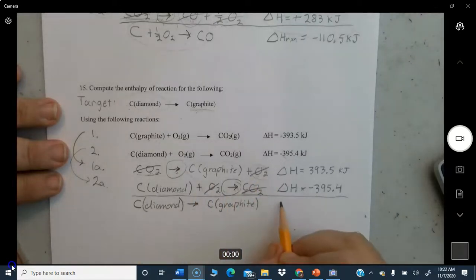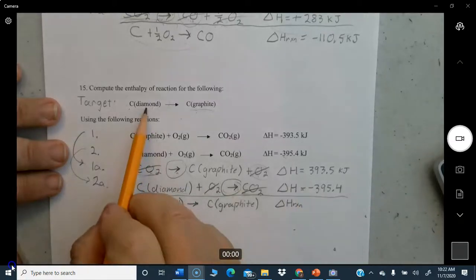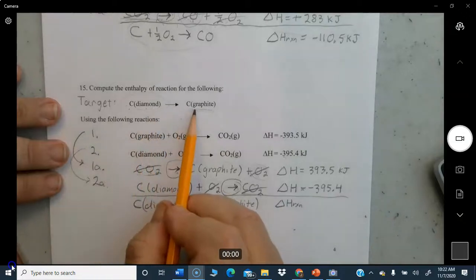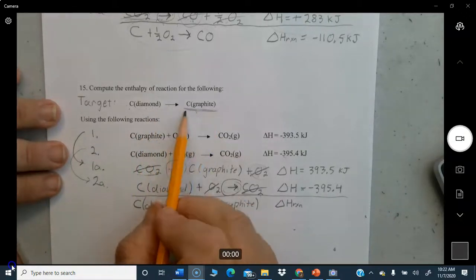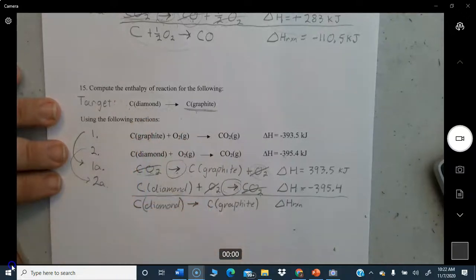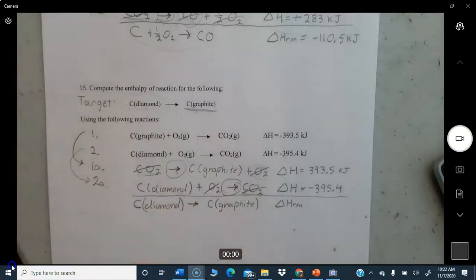So now you're ready to go ahead and get your delta H of reaction. And the reaction is simply carbon diamond degenerating down into graphite. Okay, it's just reducing down because this is a more stable form than this, even though diamond is the hardest substance on Earth. And the enthalpy will somewhat show that to you.